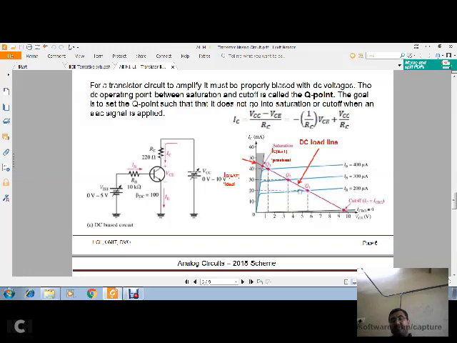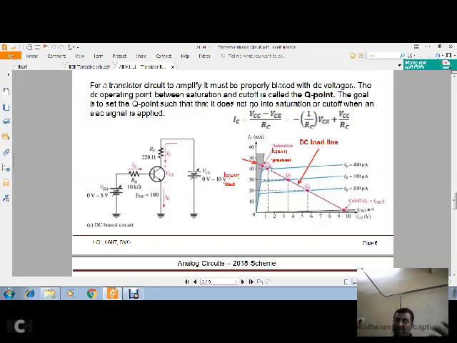Placing the Q point somewhere in the active region is not our job; it will not stop there. In this active region, where exactly do you want to place the Q point? Here or here or here? You need to choose a proper Q point.